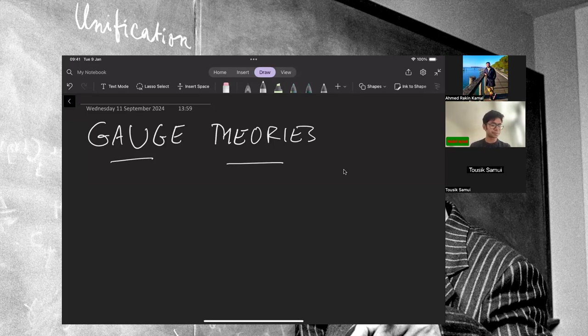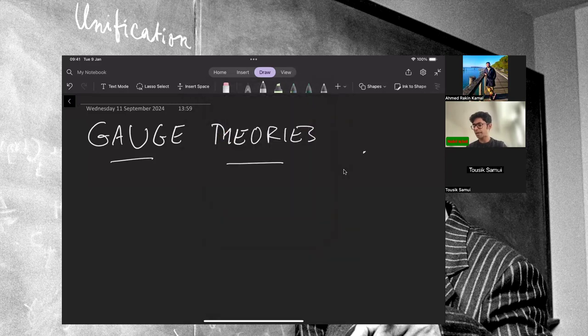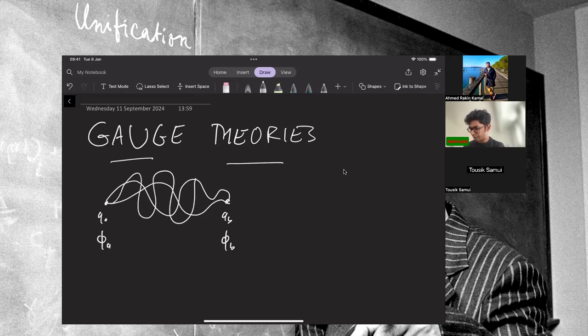Okay, let's get started. Before I start gauge theories, I'll just remind you what we did last time. Last time we learned that there's a useful way to think about quantum systems: if you want to imagine a transition amplitude going from some state to some other state, which can be a quantum mechanical transition or a quantum field theoretical transition, then you can do an integral over all of the paths that connect these 2 points.